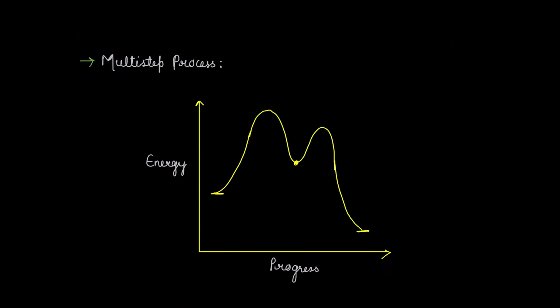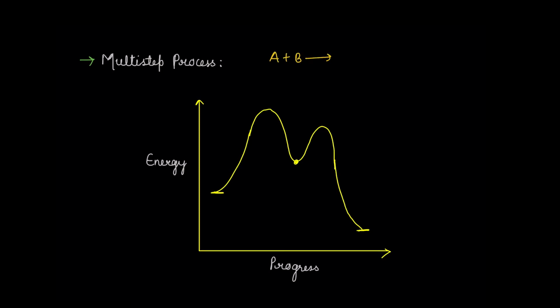Next up, we have multi-step reaction. If we take an example for this, say A plus B combine to form, say, X star. This is our first step. Then this X star decomposes to product.